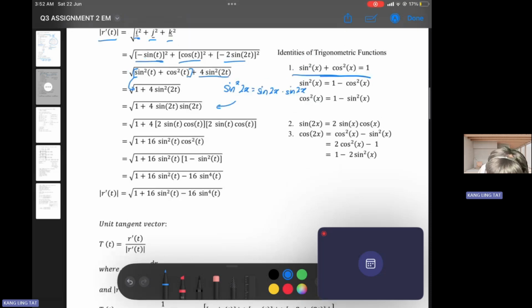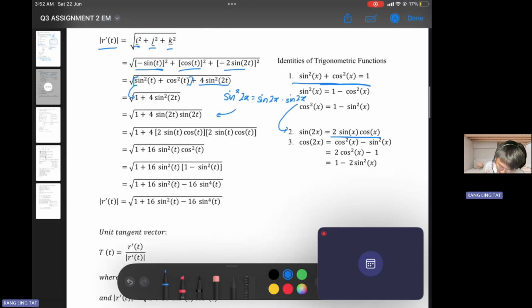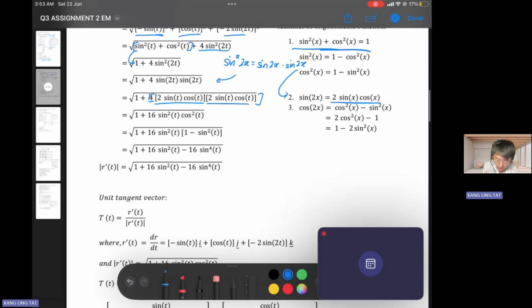All right, look at here. Sine 2x can be rewritten in the trigonometry identities as 2 times sine x times cosine x. All right, but here in terms of t. So here's one, here's another one. Okay, so the product of this will be equivalent to 16 sine square t times cosine square t.